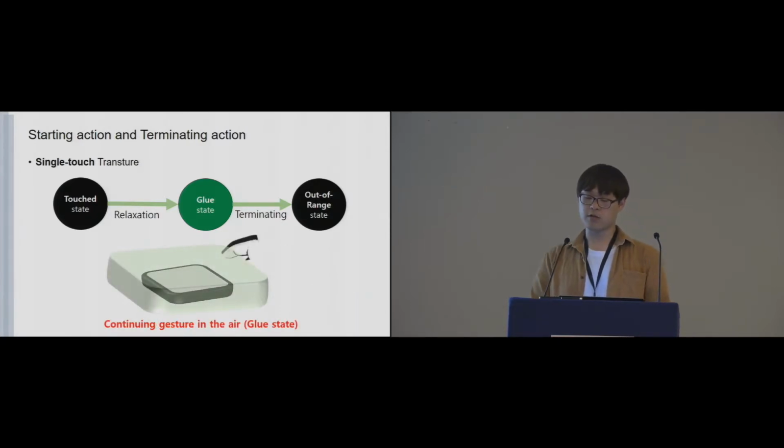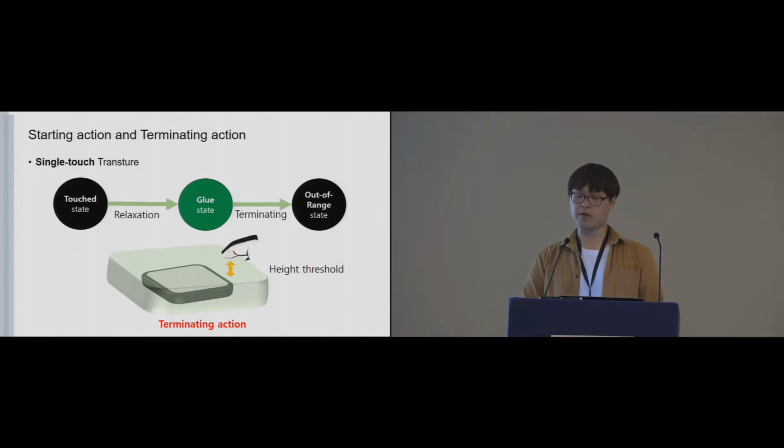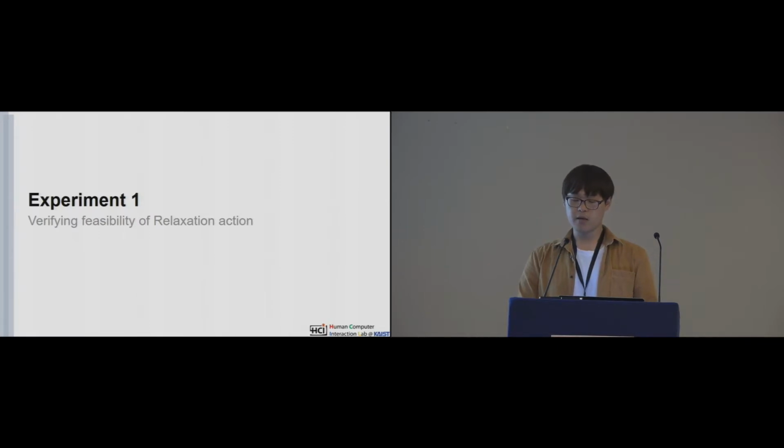After continuing the gesture in the air, if a user wants to quit the gesture, a user can lift a finger above the surrounding space as a terminating action. In our early design, we just set our finger lifting action with a height threshold as the terminating action, similar to a touch gesture.